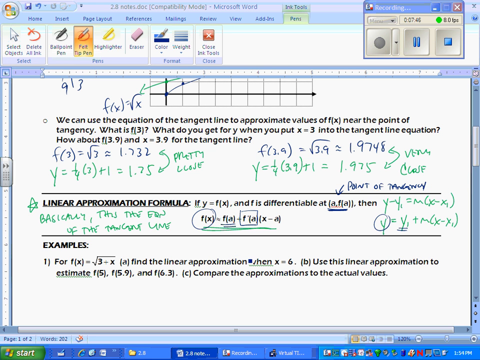Right? That's what we figured out in our problem up there. Slope times x minus a. And a is our x value, that point of tangency. So it's really the same thing we just did, just written in a different format. This linear approximation formula is just the equation of the tangent line that allows us to approximate values near a specific x value, like we did in that first example.